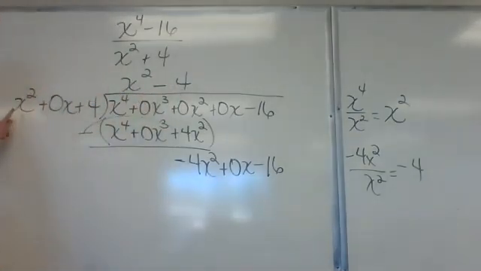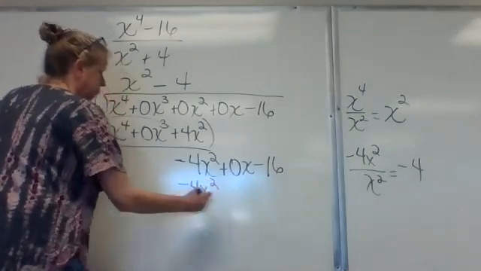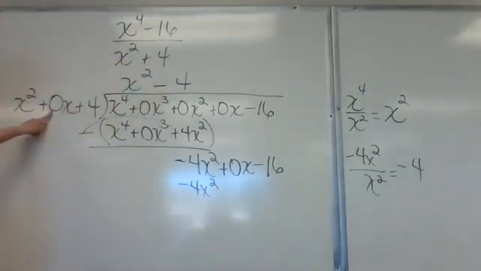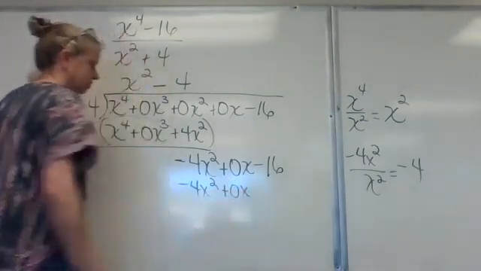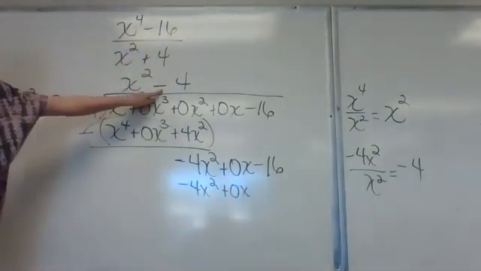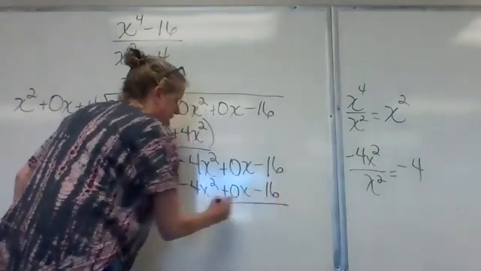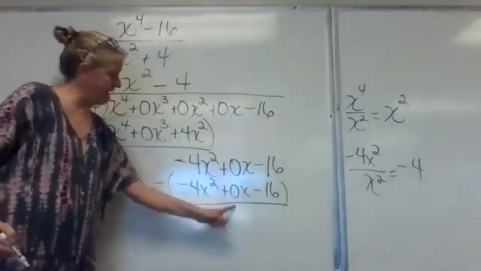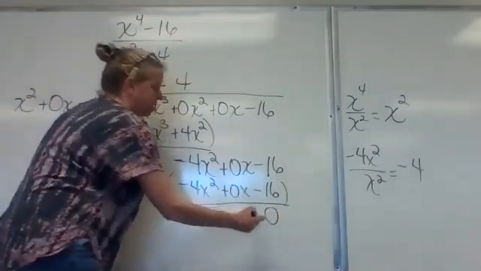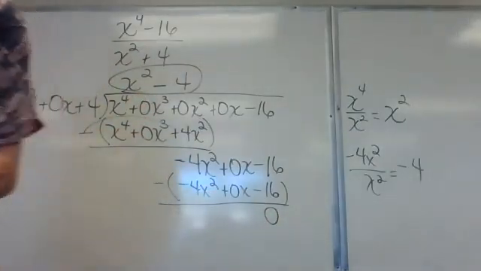So negative 4x squared. Negative 4 times 0, so you have 0x. Negative 4 times positive 4 gives me negative 16. So once again, all these are exactly the same, which means there is no remainder. So x squared minus 4 is your answer.